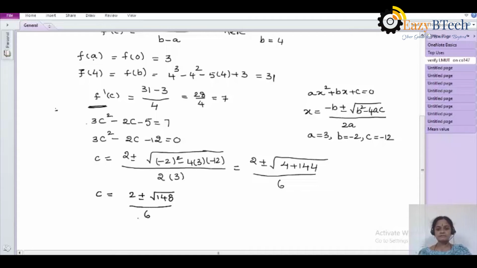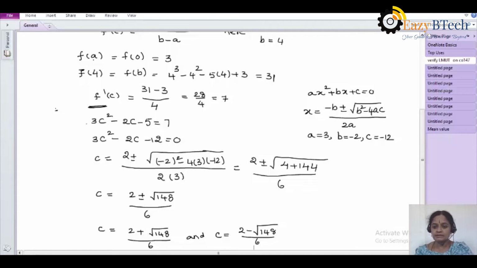So if plus or minus c is there, students, then for c, 2 plus root 148 by 6 is one value and c is equal to 2 minus root 148 by 6 is the other value, because in the root plus or minus is there.